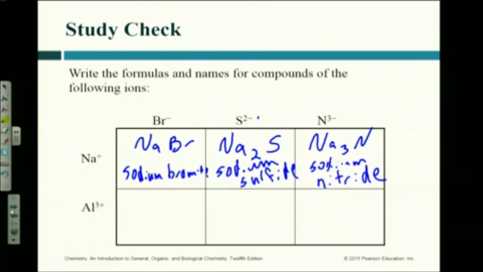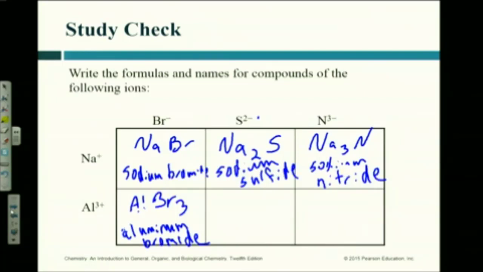This one. One aluminum has 3 plus. So how many bromines do I need? 3. So it's AlBr3. Aluminum bromide. Now this is probably the hardest one to get the formula, right?